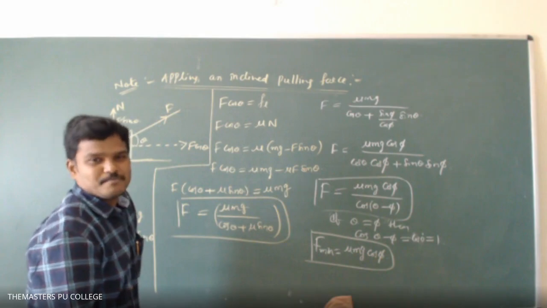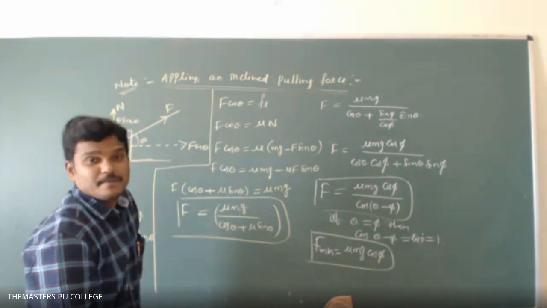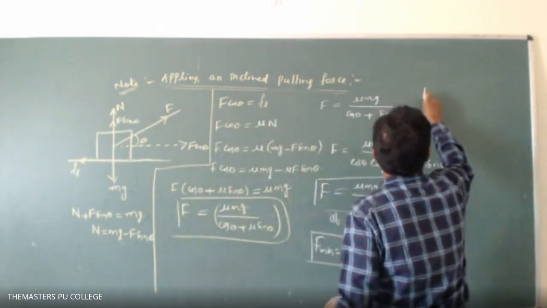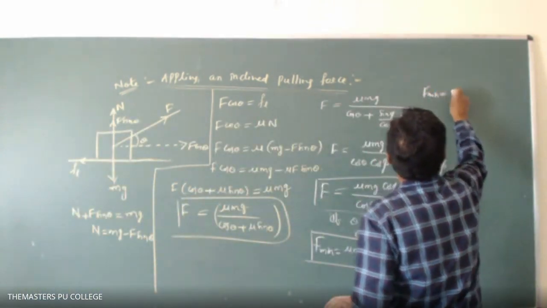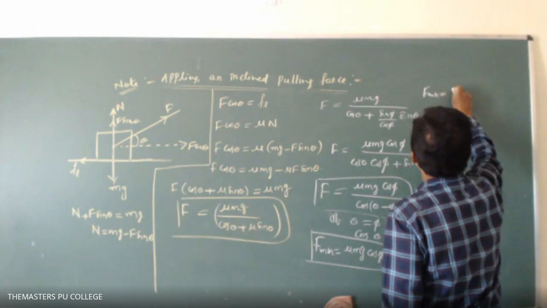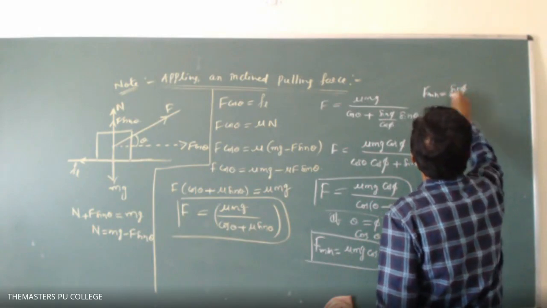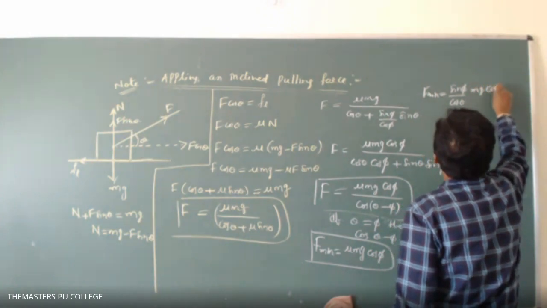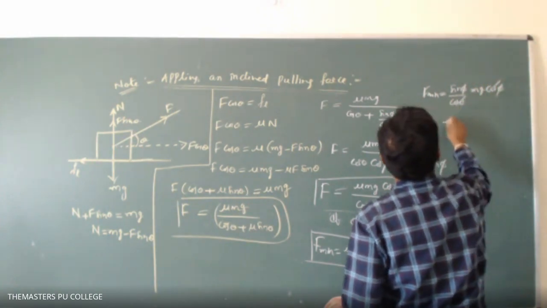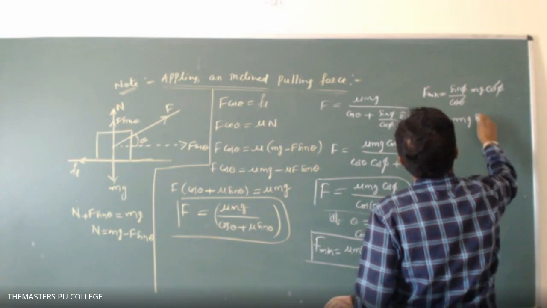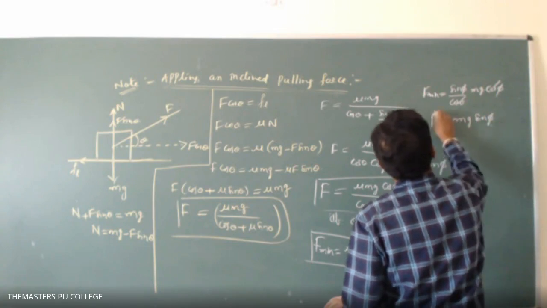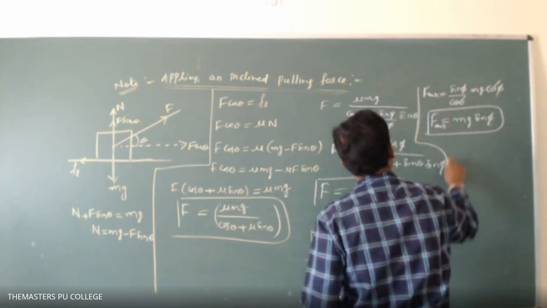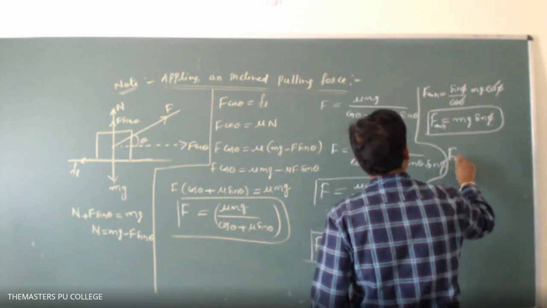You will get one more step: mg sin phi. So this is F minimum, the condition for minimum force.